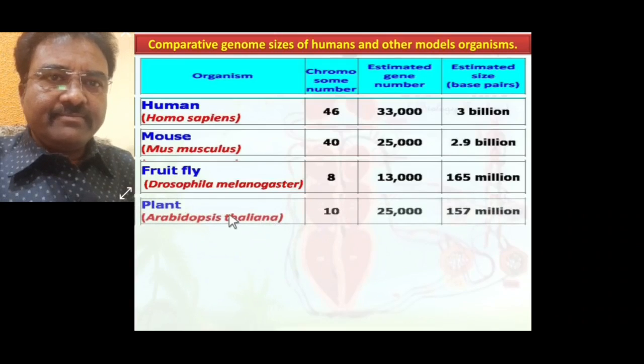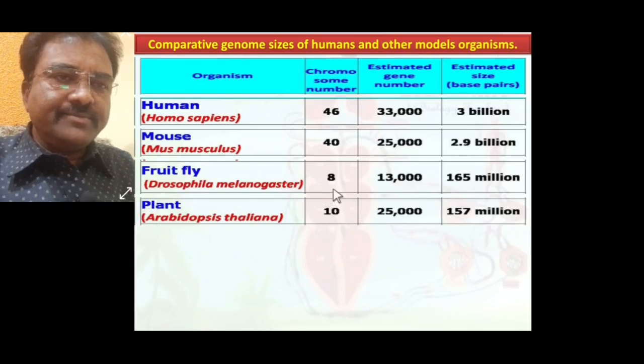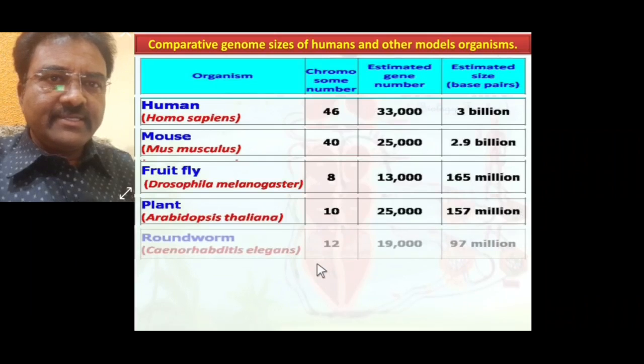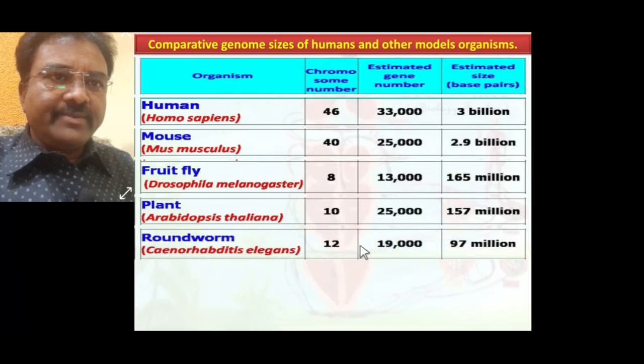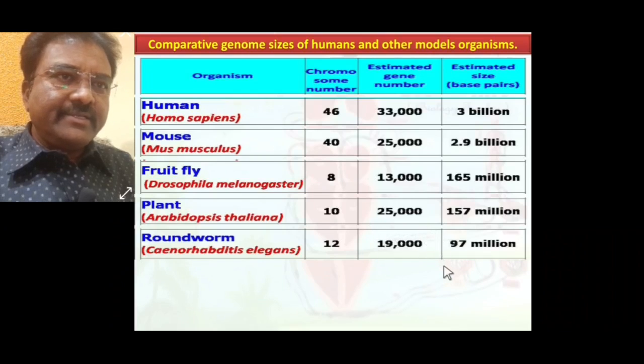Now plant: 10 diploid chromosomes, 25,000 estimated genes, and estimated size 157 million base pairs. Roundworm: 12 diploid chromosomes, estimated gene number 19,000, estimated base pairs 97 million.